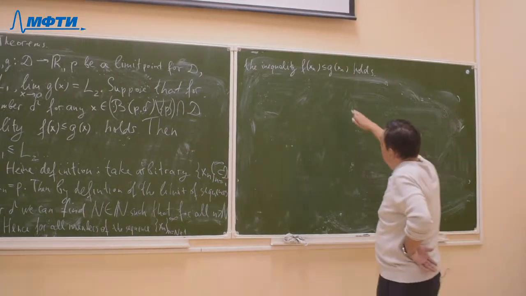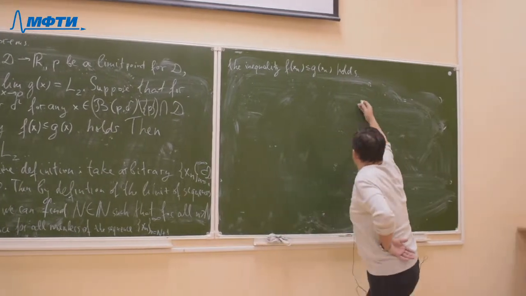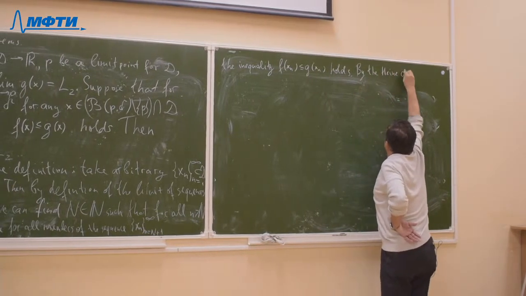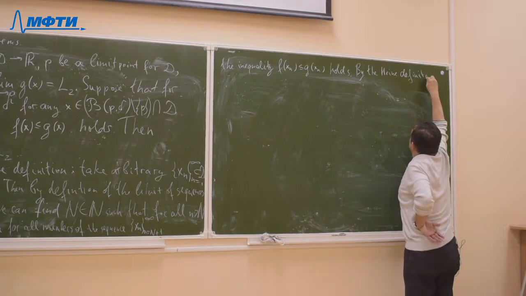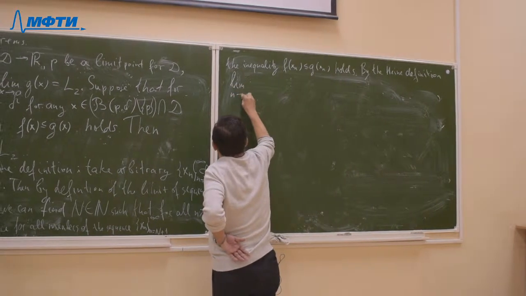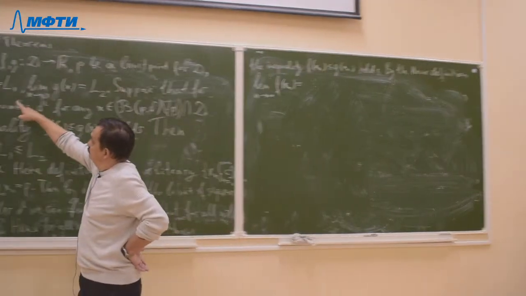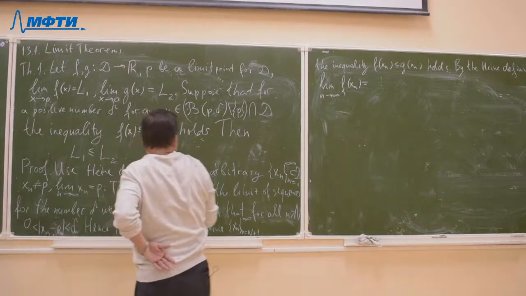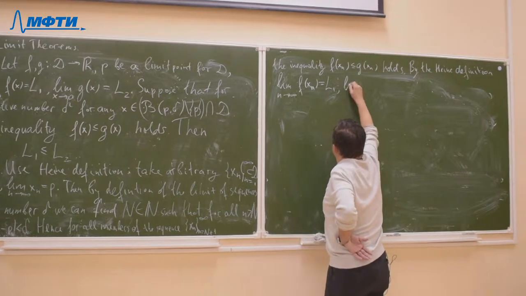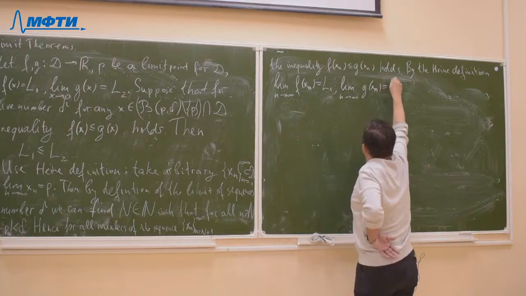Okay, then look what happens. By the Heine definition, we have limit f of xn equals L1, since xn tends to p, so f of xn tends to L1, and limit g of xn equals L2.